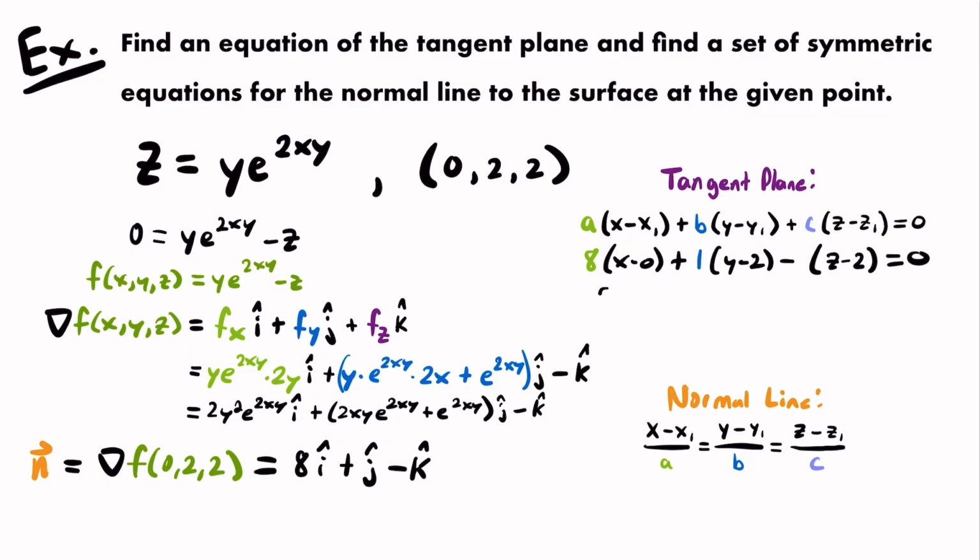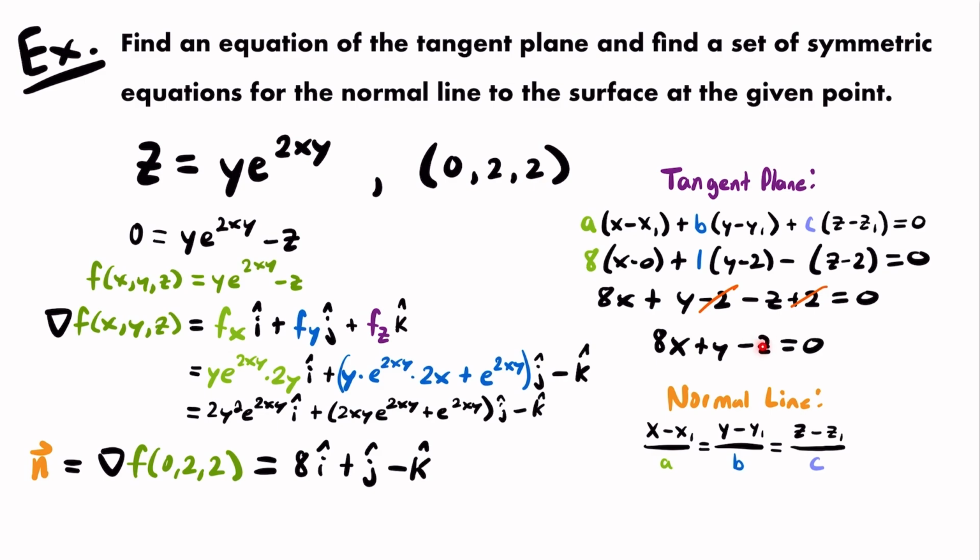So simplifying, we get 8x plus y minus 2 minus z plus 2 equals 0. And then notice that we have a positive 2 and a negative 2, so those cancel out, which means we have no constants left over. So one way that you could represent this tangent plane is with this equation, 8x plus y minus z equals 0.